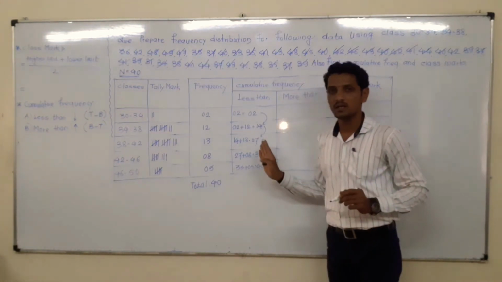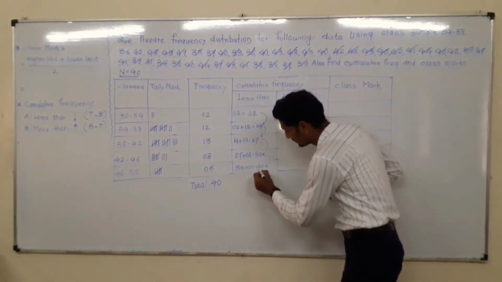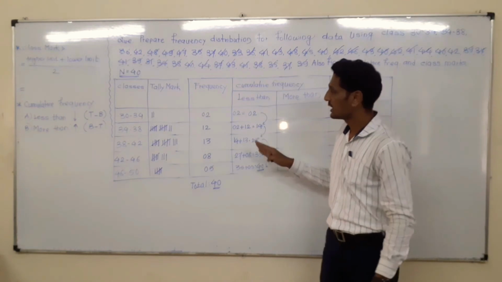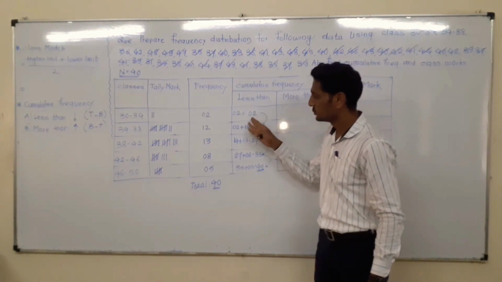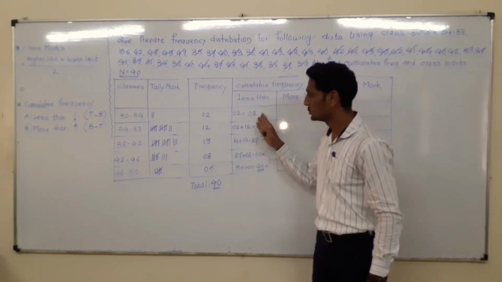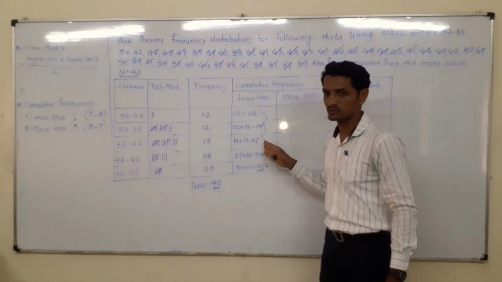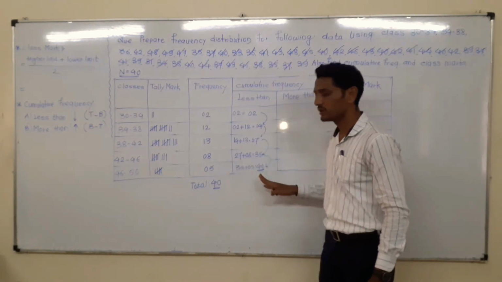This is called less than cumulative frequency method. So this count and this count will remain. Means I have successively added the total figure with the next figure, that is 2 plus 12, 14, 14 plus 13 equal to 27. Like this, and 8 will be 35 plus 5 equal to 40.